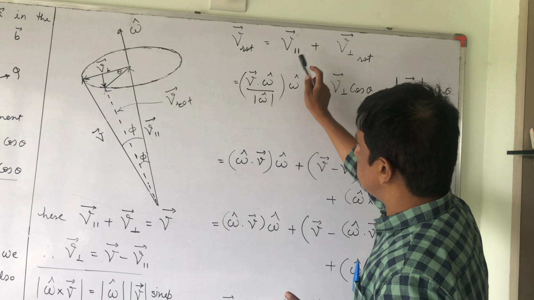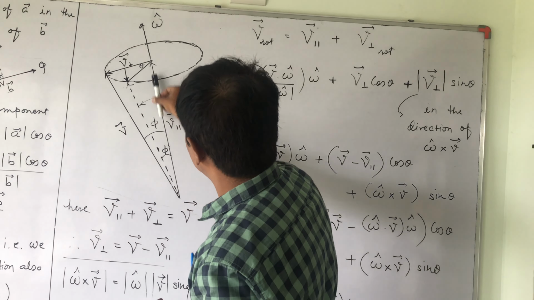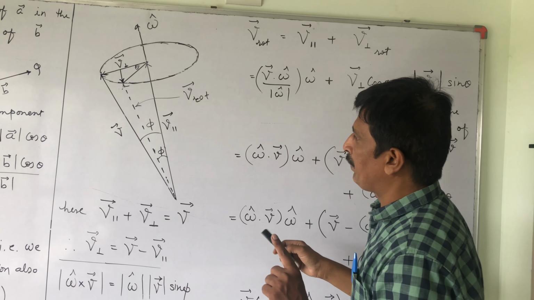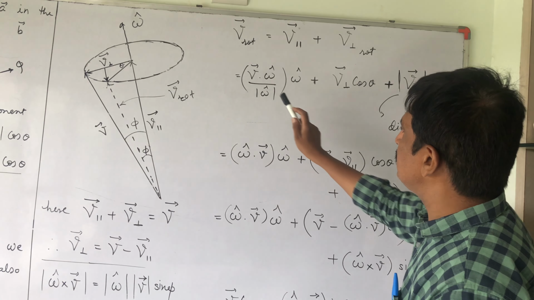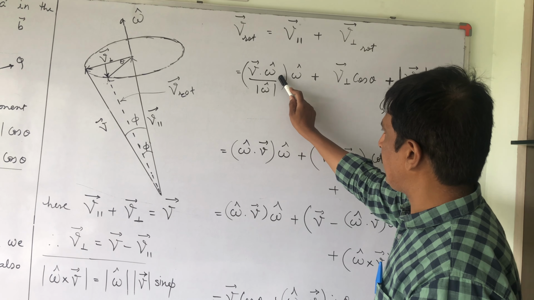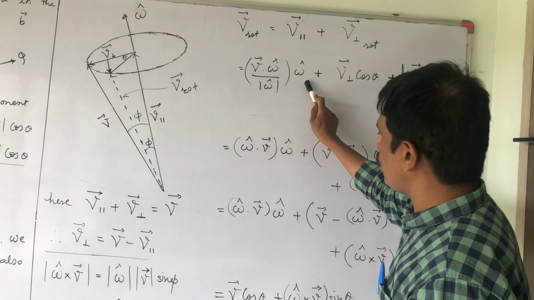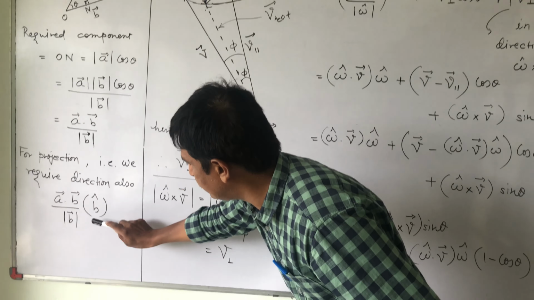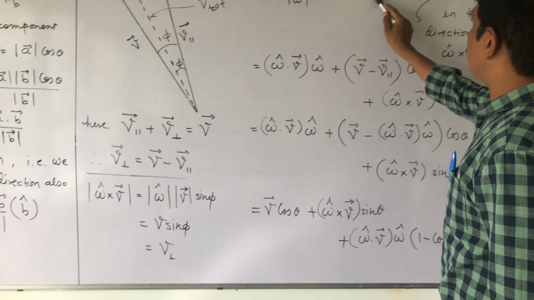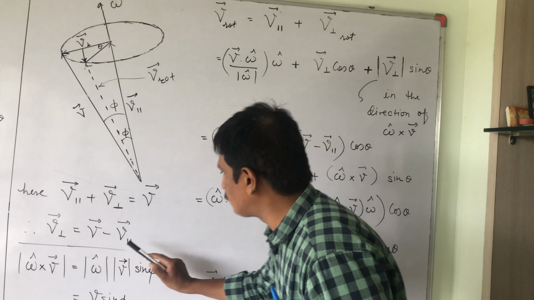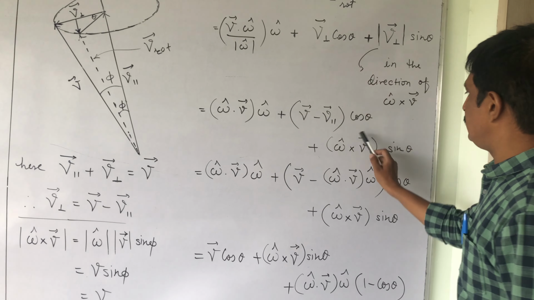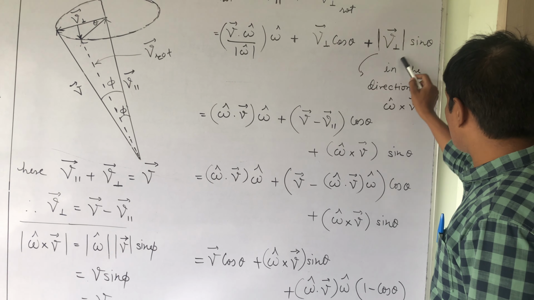V parallel is this. It is in the direction of omega cap. So the component of V is nothing but V dot omega cap upon mod omega cap into omega cap. This formula we have applied. Plus V perpendicular cos theta, where V perpendicular is V minus V parallel. Now we have to replace V perpendicular.